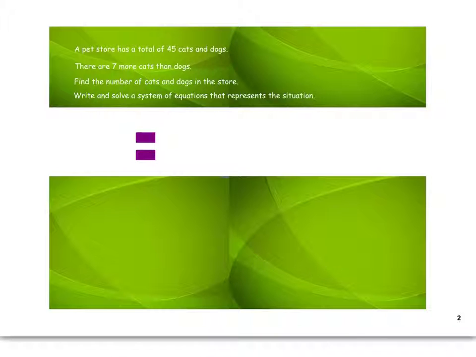So we need to figure out the system of equations that is going to represent that, and then we can solve from there. Again, I'm going to take this step by step, walking through each sentence. Beginning with sentence 1, we need to know what we want to know. We want to know the number of cats and the number of dogs. So we are going to assign those variables. I'm going to make cats X and dogs Y.